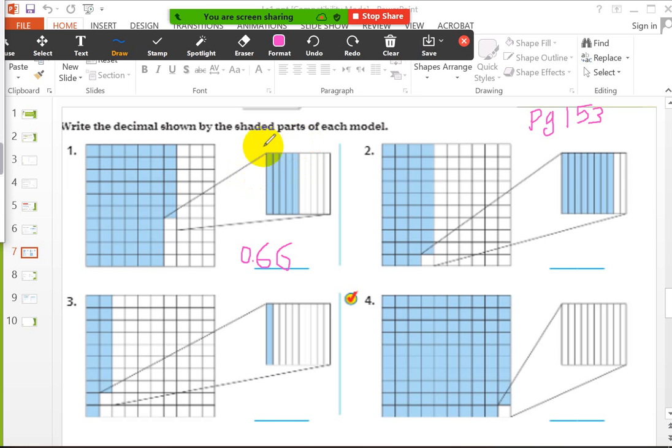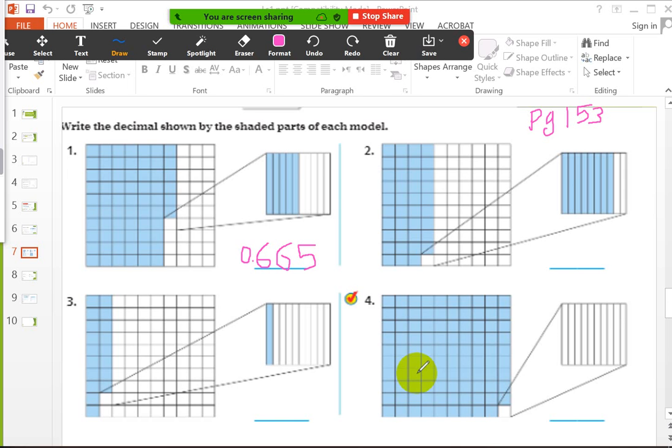And this model represents the thousandths. So that means I have to put five parts in the thousandths digit. Okay, so the final number will be what? Will be 0.665, thousandths. Okay, let's continue to exercise number 2.